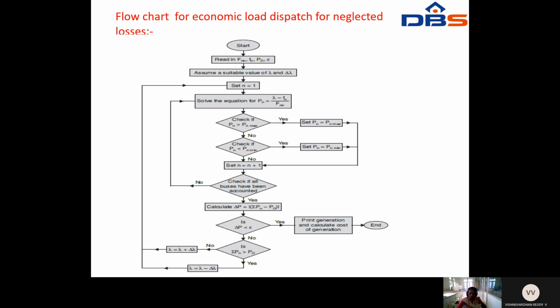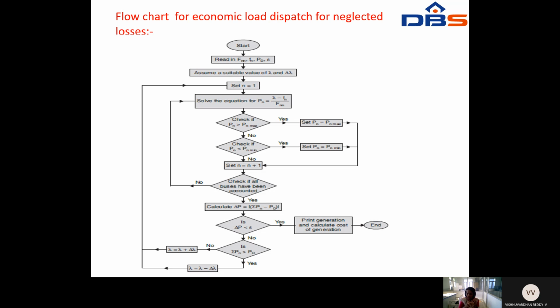When the condition that the sum of Pn is greater than Pd is not satisfied, calculate lambda equal to lambda plus delta lambda and go to the third step, set n equal to 1, and repeat all these steps. So solving the equation for Pn equal to (lambda minus Fn) by Fnn, and checking the conditions Pn greater than Pn max and Pn less than Pn min. When Pn is greater than Pn max, set Pn equal to Pn maximum.